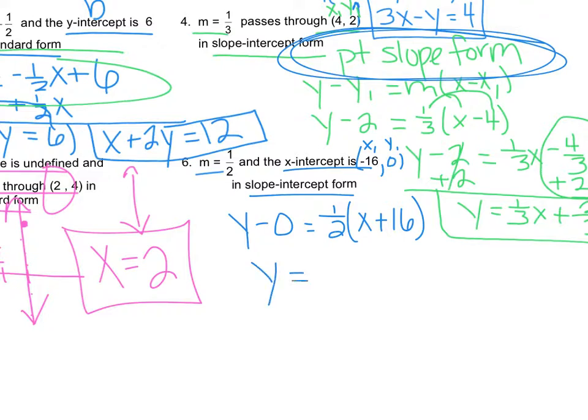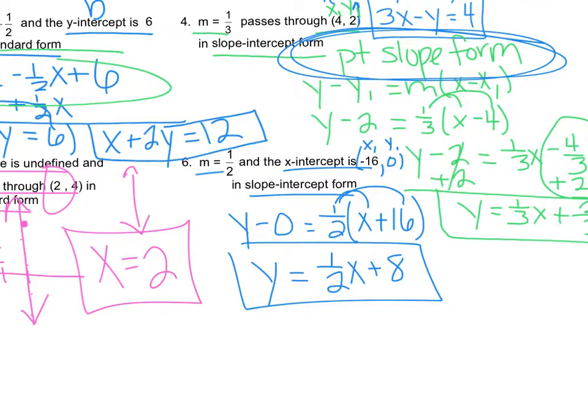And you get y equals, distribute, 1/2 x, and then 1/2 times 16, which means 16 divided by 2 gives you 8. That's the form that we wanted in, so that is our answer. So make sure if you're given slope and x-intercept, change that x-intercept to a point. That is not b. Plug it into a point-slope form, and then you should have your slope-intercept form after that.